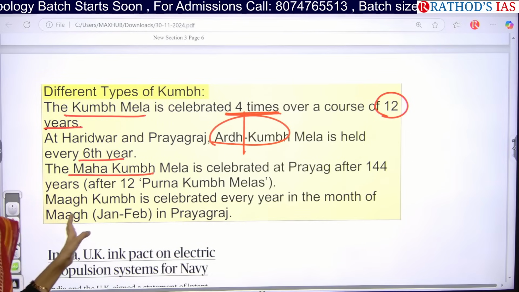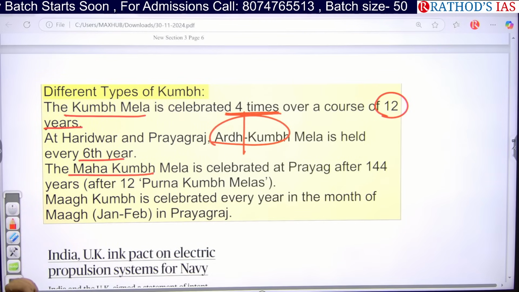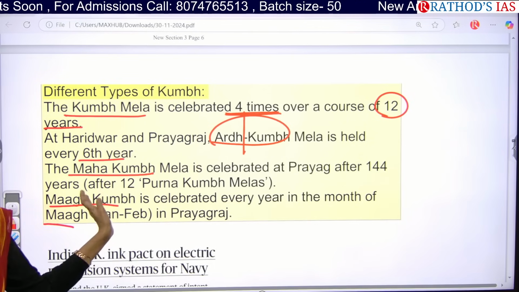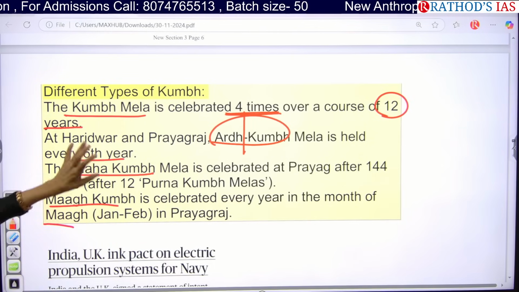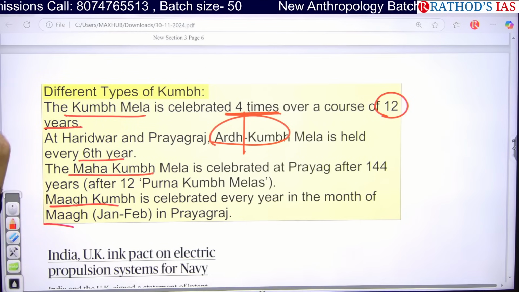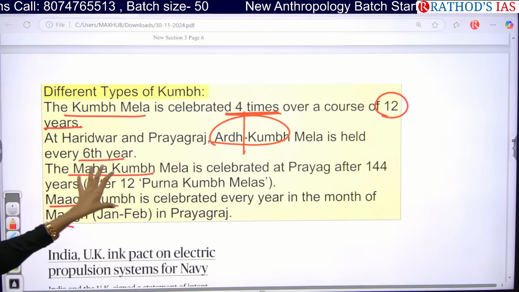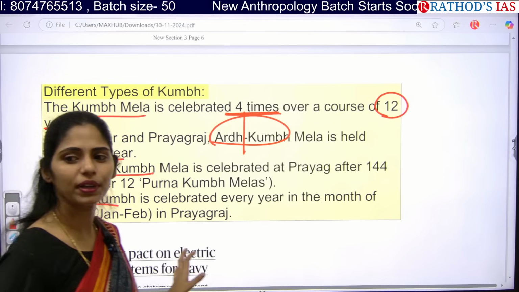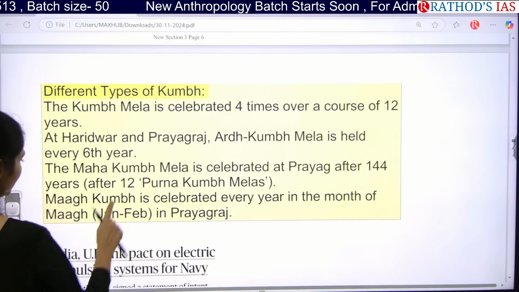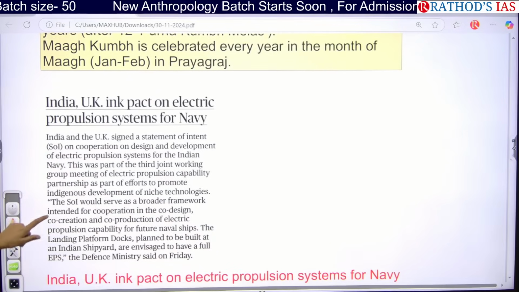So we are celebrating this after 144 years. Magh Mela is celebrated every year in the month of Magh. So once in 6 years is Ardha Kumbh, 4 times over 12 years is Kumbh, and 144 years is Mahakumbh. So we are going to have millions of people in this Mahakumbh.